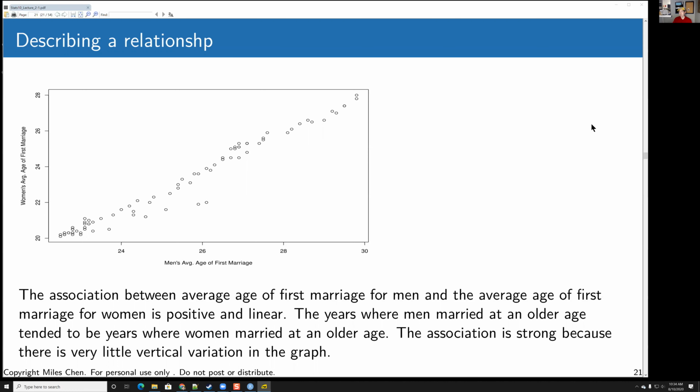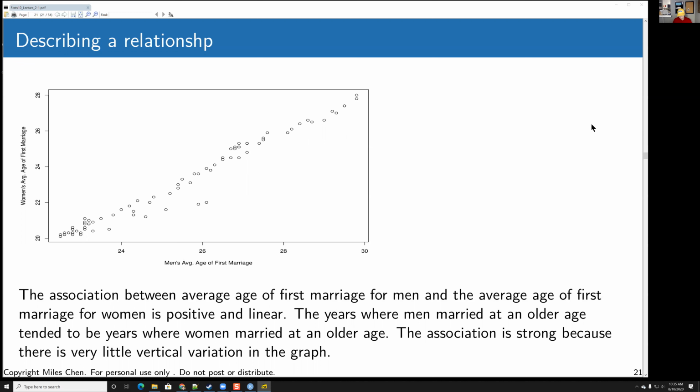So does the strength of a relationship also apply to nonlinear plots? Yes, you can talk about the strength of a relationship for a nonlinear plot. We won't be able to quantify it in our class, all right? So in our class, we're looking at the strength of a relationship only for linear relationships, and we're going to use correlation, or Pearson's correlation is what's known.